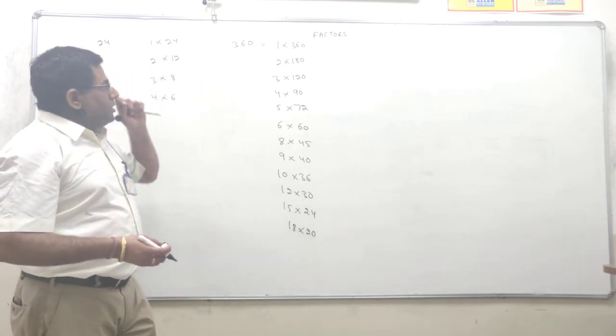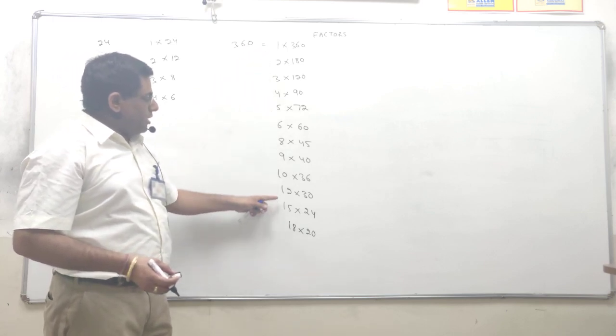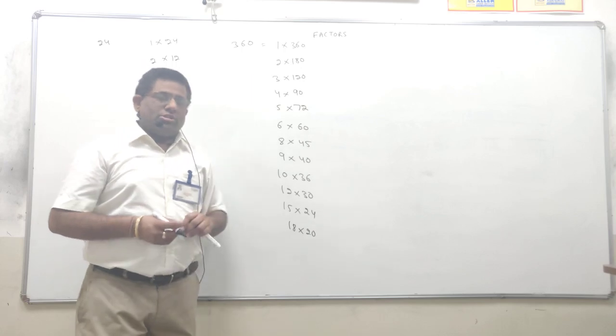So here you are observing that there are 1, 2, 3, 4, 5, 6, 7, 8, 9, 10, 11, 12, and 12 - 24 factors are there.